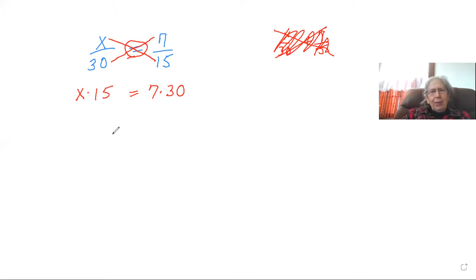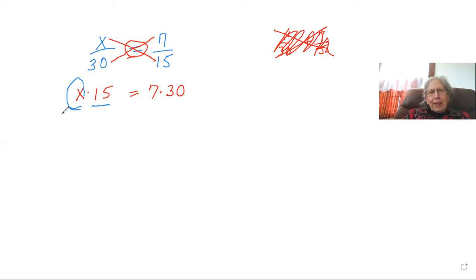Okay, when you have that, now what you want to do is find out what x is. X, it's like Greta Garbo. It wants to be alone. And it isn't, it has a 15. Now x is multiplied by 15. What's the opposite of multiply? Oh yeah, divide.